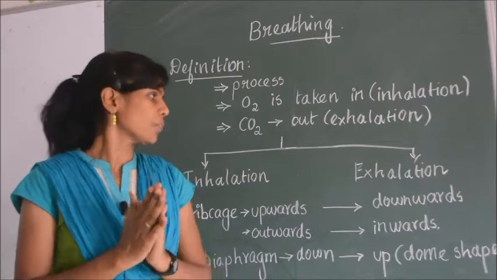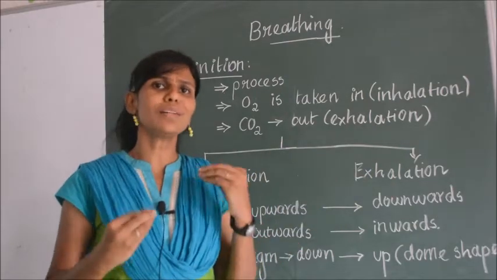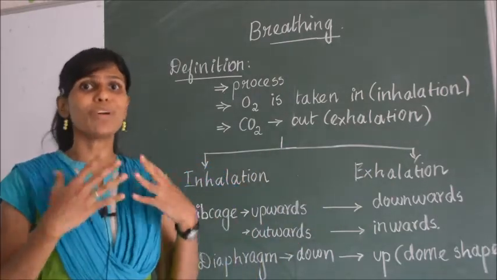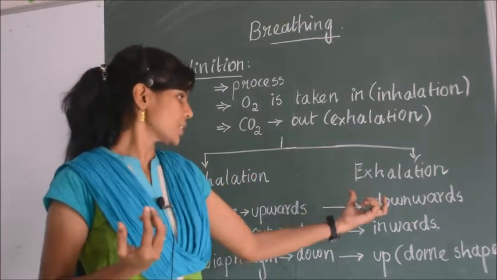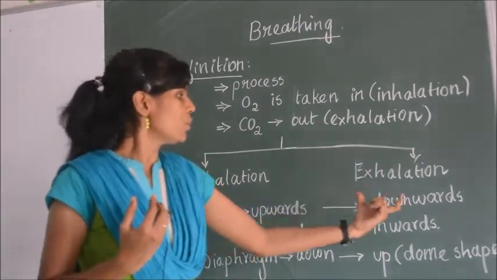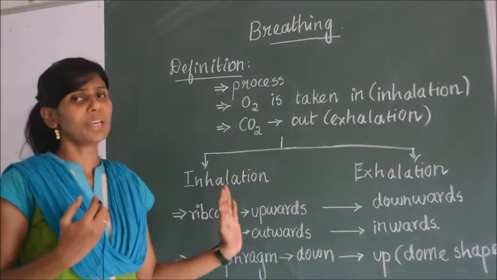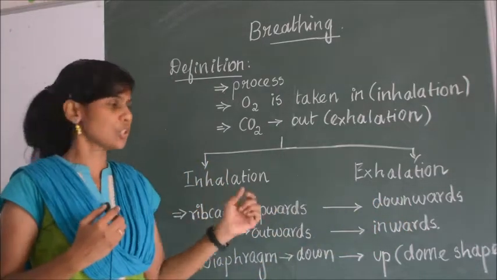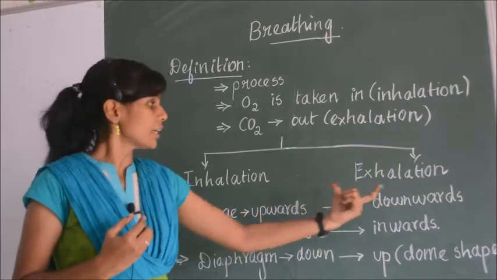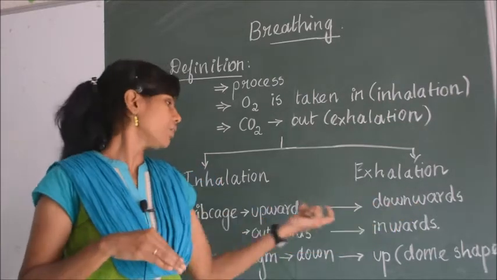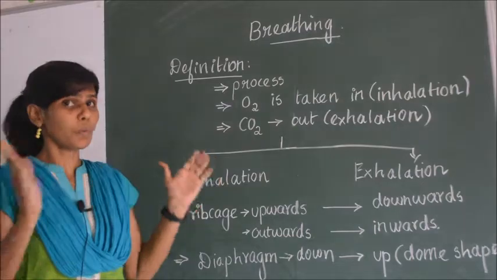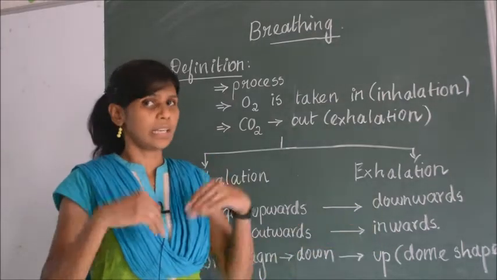What about exhalation? What are the changes in the rib cage and diaphragm when you breathe out? The rib cage will move downwards and inwards. It will be the opposite of inhalation. If it is upwards during inhalation, during exhalation it will be downwards, and if it is outwards, during exhalation it is inwards.